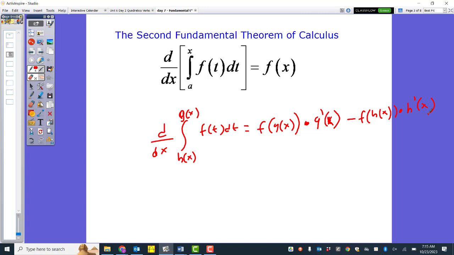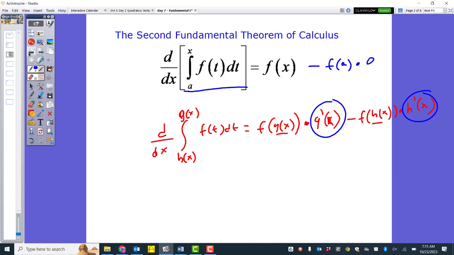So we're doing the integral, which is plugging in the upper and lower bound. We're taking the derivative, which leaves those plugged in, and then we're multiplying by the derivative of what we plugged in. Okay? So in this case up here, there's still an a being plugged in, minus f of a, but we're multiplying by the derivative of a, which is 0.